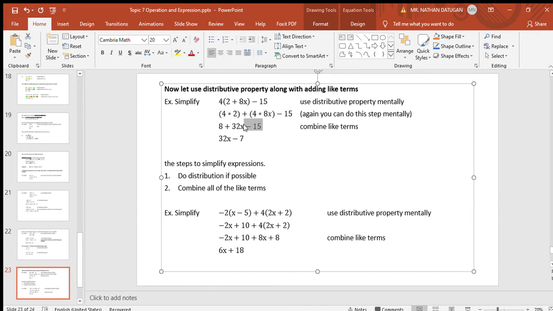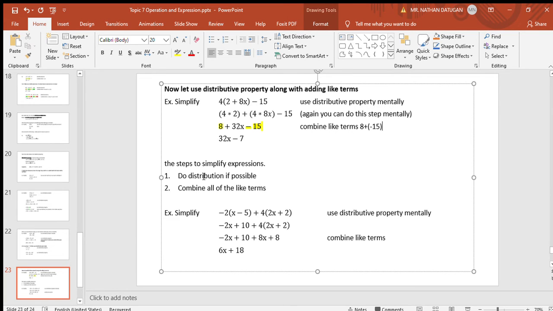And then what we do is we combine like terms. Minus 15 is a like term with 32x. Nope, it's 8. So what do we do when we combine like terms? We simply add. So it's simply going to be 8 plus negative 15, which is negative 7.